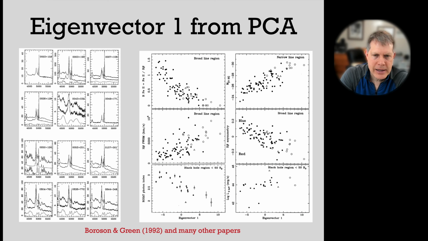So the H beta line tends to be narrow. These objects then also tend to have H beta asymmetry tilted toward the blue. Okay, so there's this correlated set of properties that all vary together.